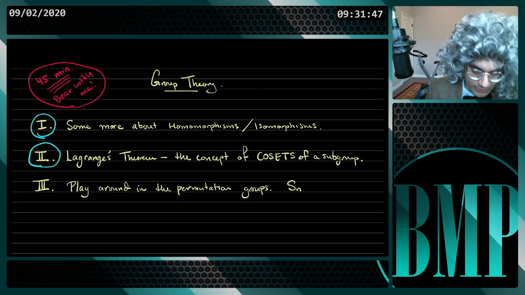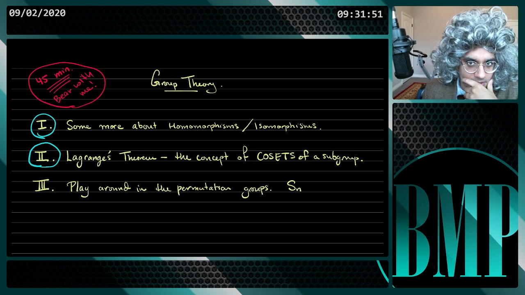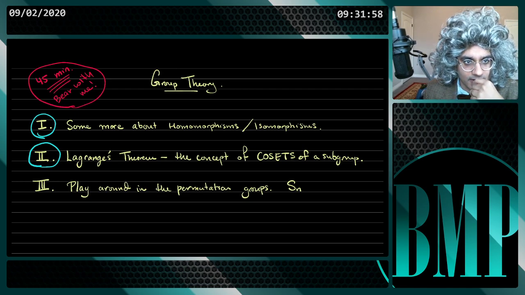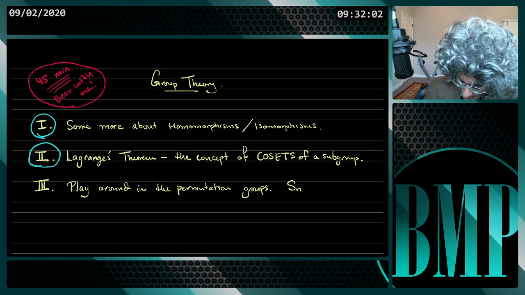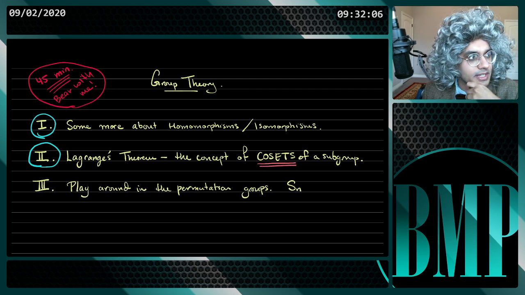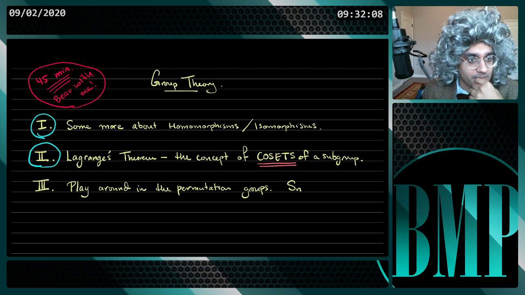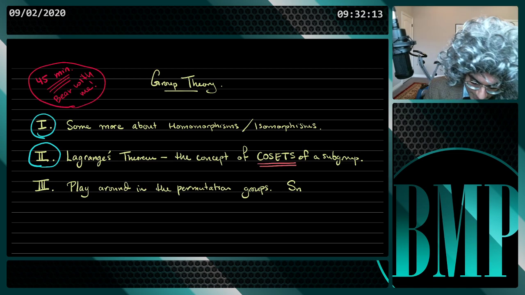Then our main theorem for the week, Lagrange's theorem on the order of a subgroup dividing the order of the large group. One of the most important concepts behind the proof will come up today, the concept of a coset of a subgroup. Left and right cosets.